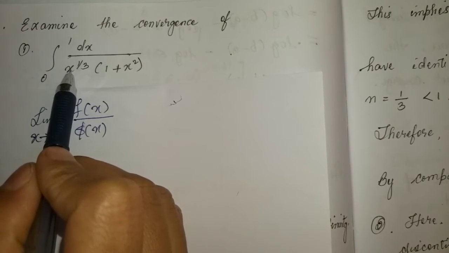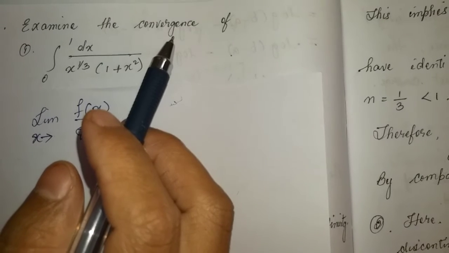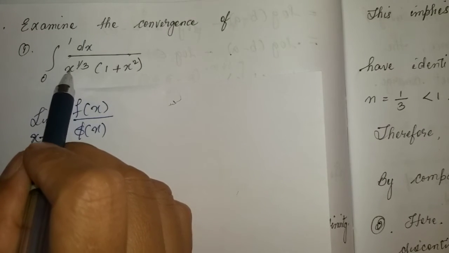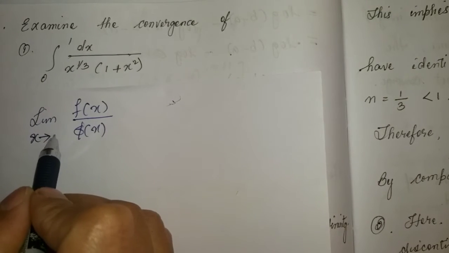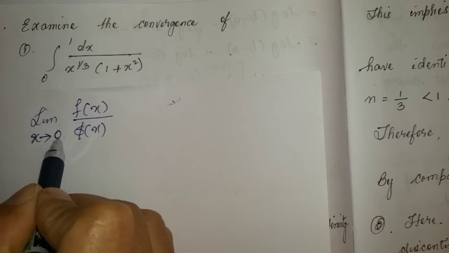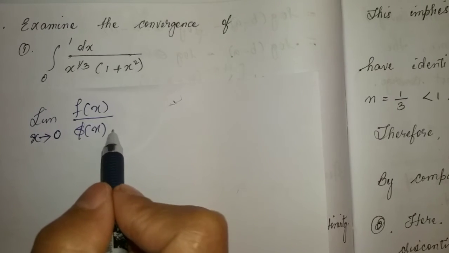If you put 0 in place of x, then you'll get an infinite value. Therefore, 0 is the only point of infinite discontinuity in this example. So we'll find out the limit as x tends to 0.